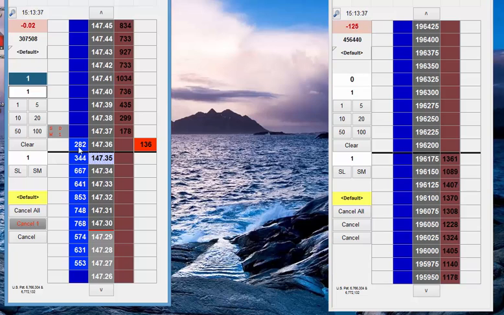So 147.36 is the best bid at the moment, 147.37 the best offer. It's currently 400 on the offer, 400 contracts working to sell, and I'm probably about 300 or so back in here.